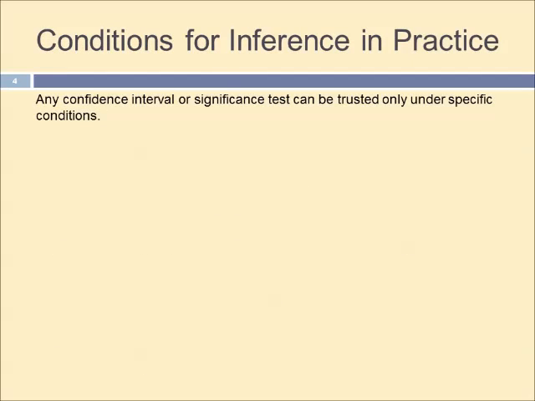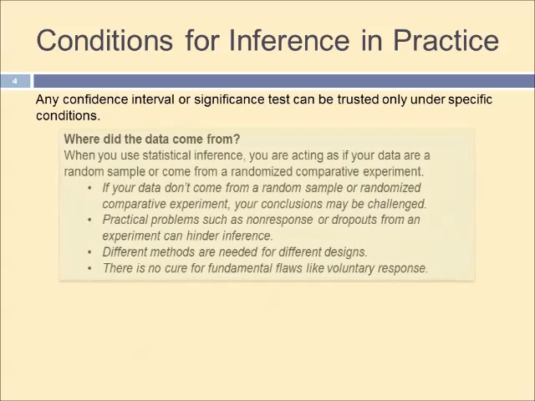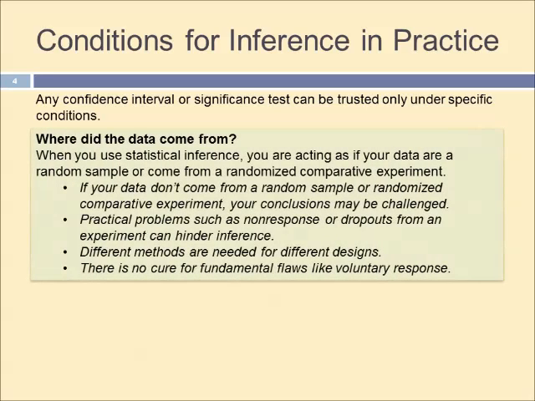Now, any confidence interval or significance test can be trusted only under specific conditions. One of the first questions is: where did the data come from? When we use statistical inference, you're acting as if your data are a random sample or come from a randomized comparative experiment.